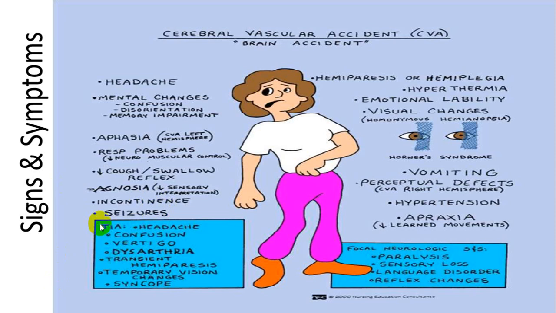In TIA, confusion, vertigo, dysarthria, transient hemiparesis, temporary visual disturbances, syncope, etc. are quite common.